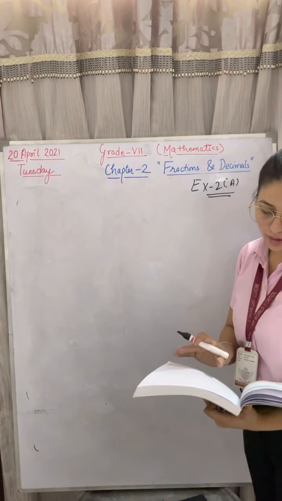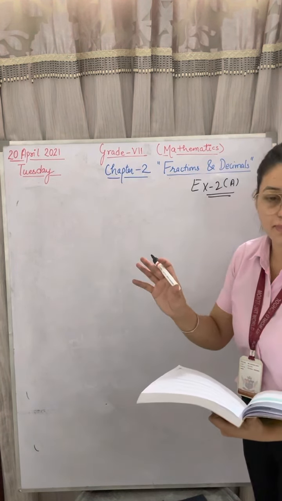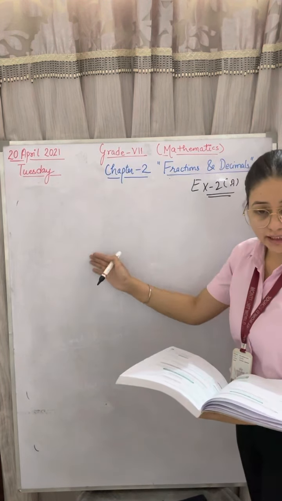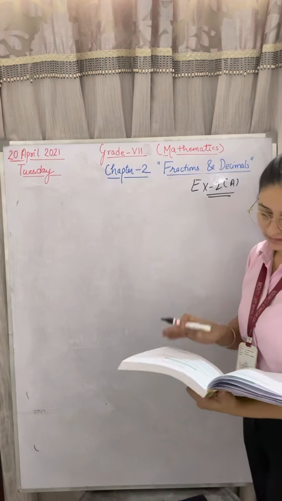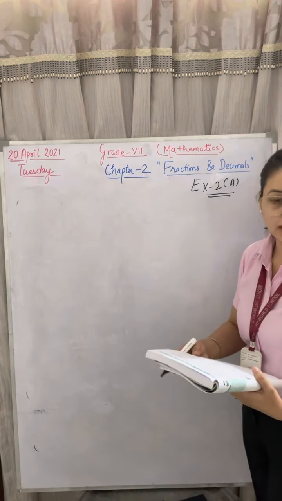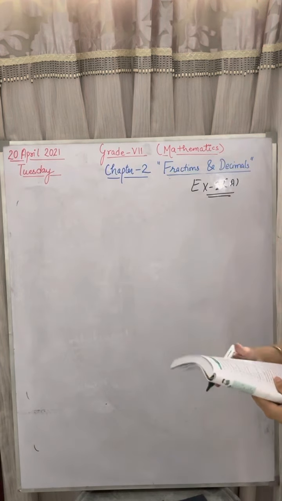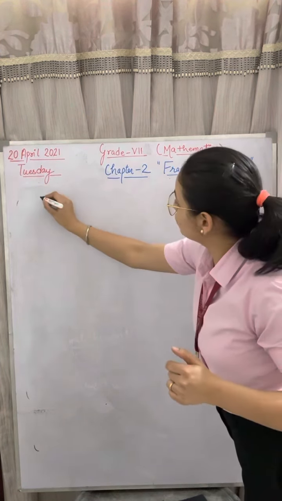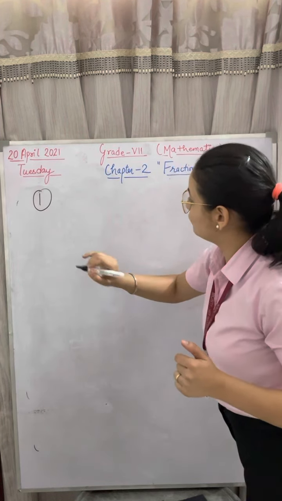Then you have to do questions based on comparison, arranging in ascending and descending order. Then we'll discuss subtraction and addition of rational numbers or fractions. Now the first question is you have to express these as fractions.